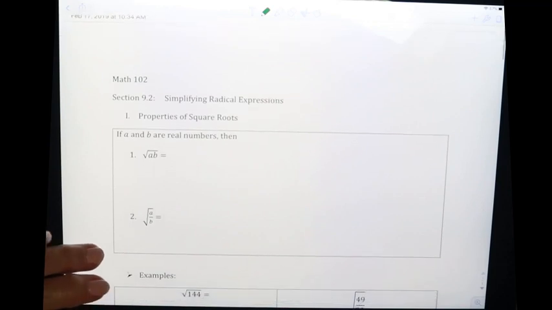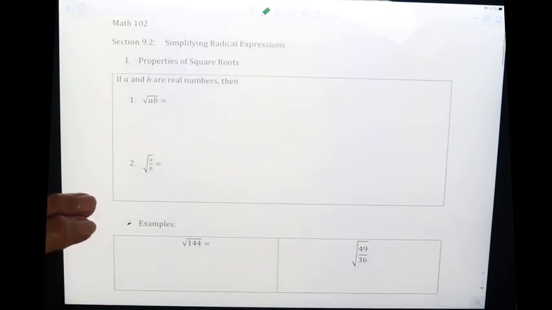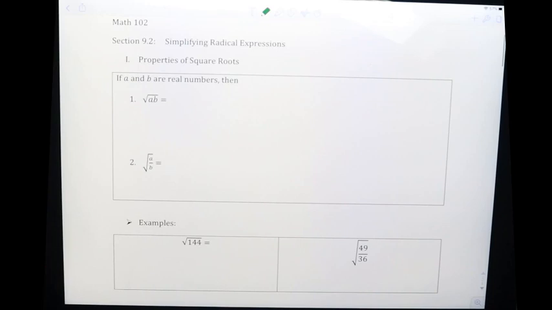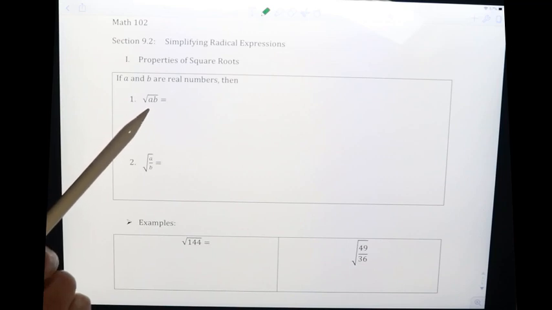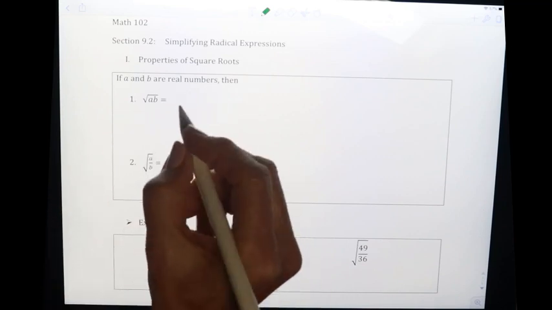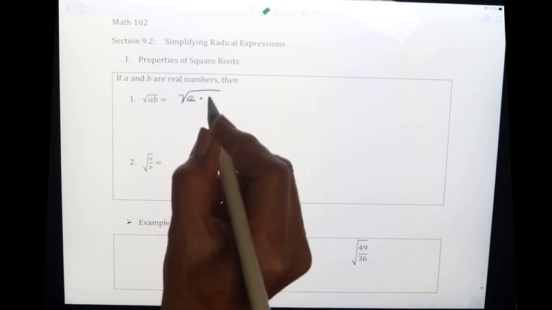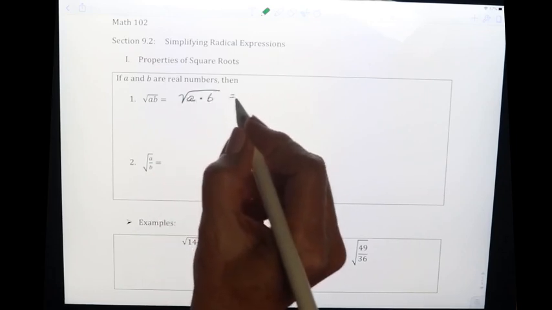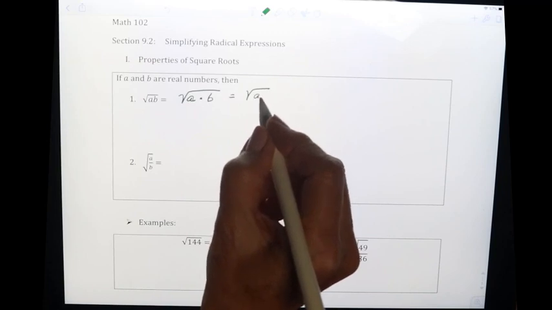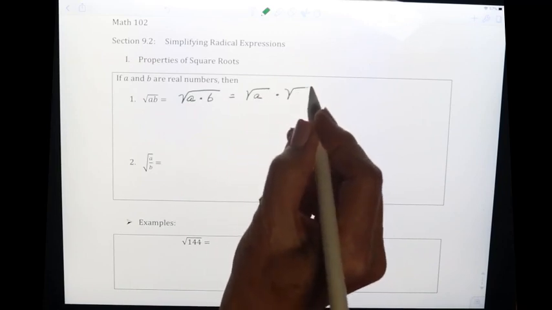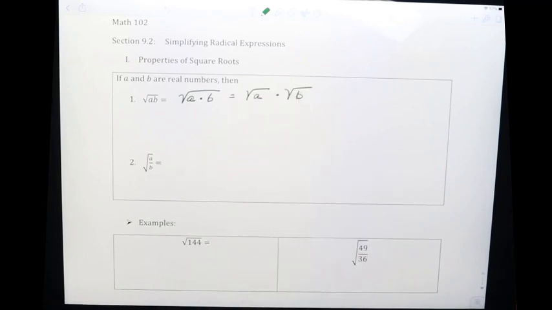So there are a couple of properties of square roots that we need to talk about briefly. Remember, this symbol is the radical and this is the radicand. If you're working with a radicand that can be split into two factors or more than two factors, one of the rules of working with radicals is that you're allowed to split those into two separate radical notations.